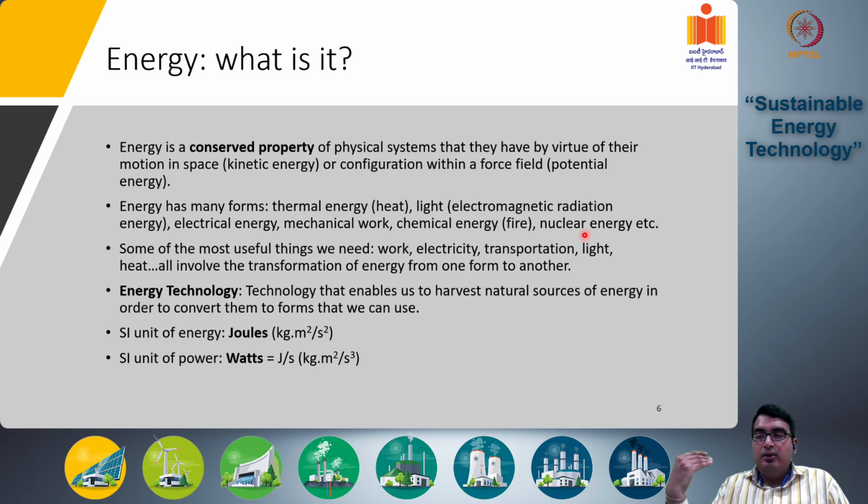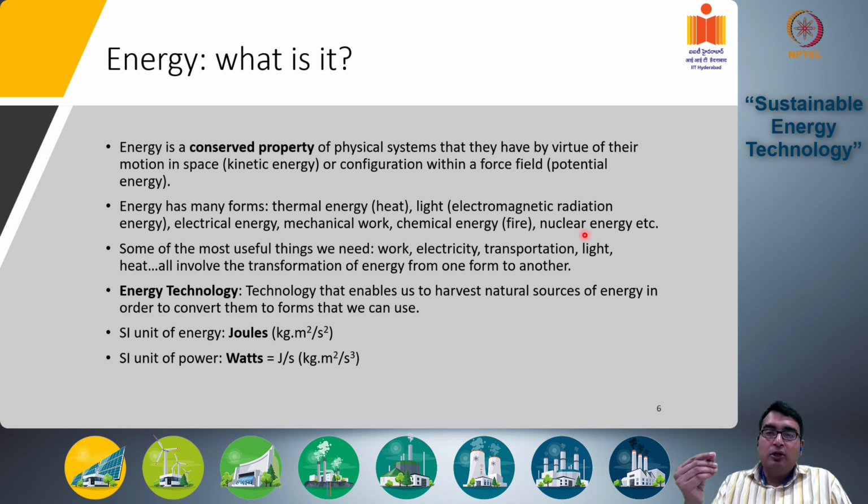So when you are switching on your electric bulb to get light at night, your electrical energy is passing through your bulb. It may be a fluorescent bulb or an LED bulb, and that electrical energy is converted into radiation energy or light energy. And this transformation is giving you the light that you need to do work at night.